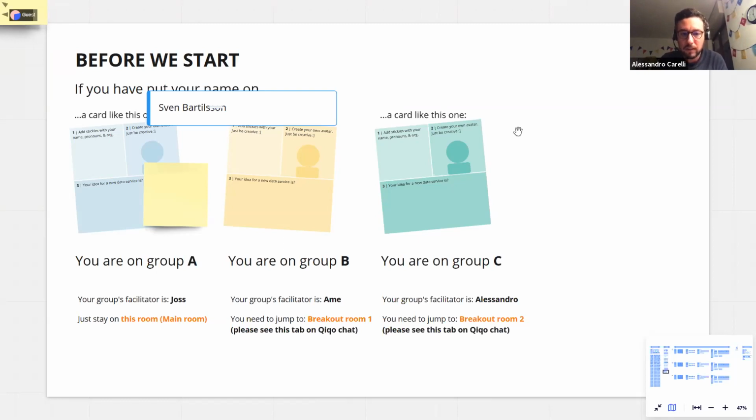If you've used the second column, the yellow name card, then you will join group B, and Amy will be your facilitator, and you will need to join breakout room 1, and we will allow you to do so in a few seconds. Finally, if you have created your name card using the cards in the 3rd column, then you will be joining group C, and I'll be facilitating this group. Then we need to jump into breakout room 2.